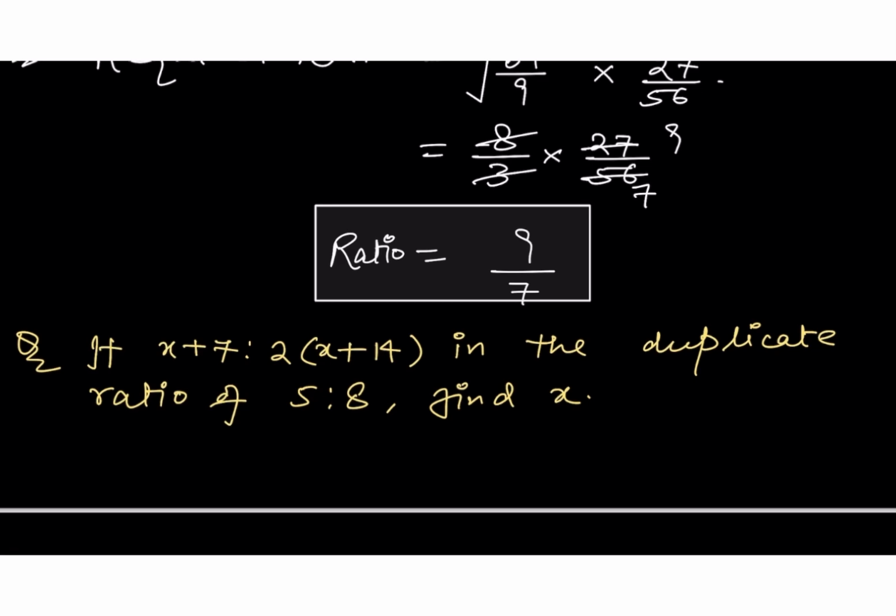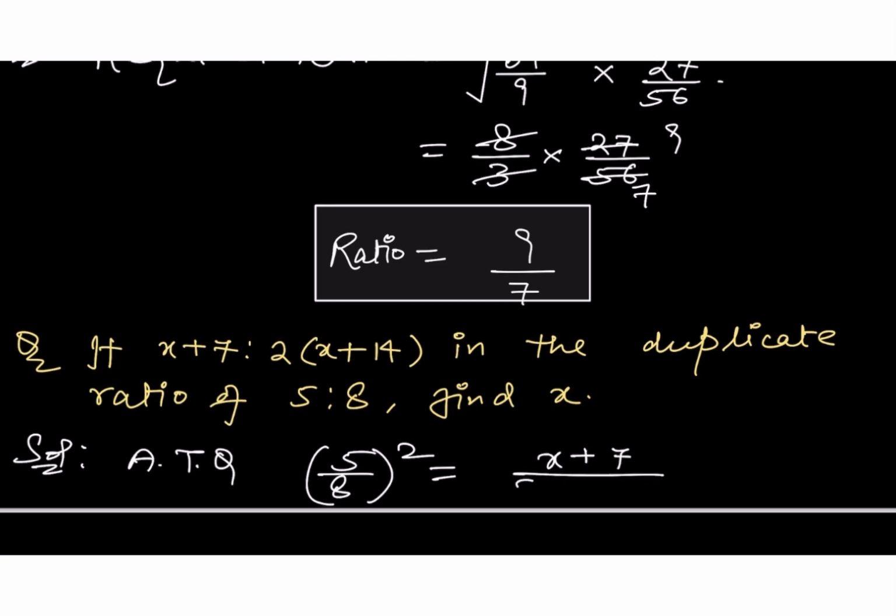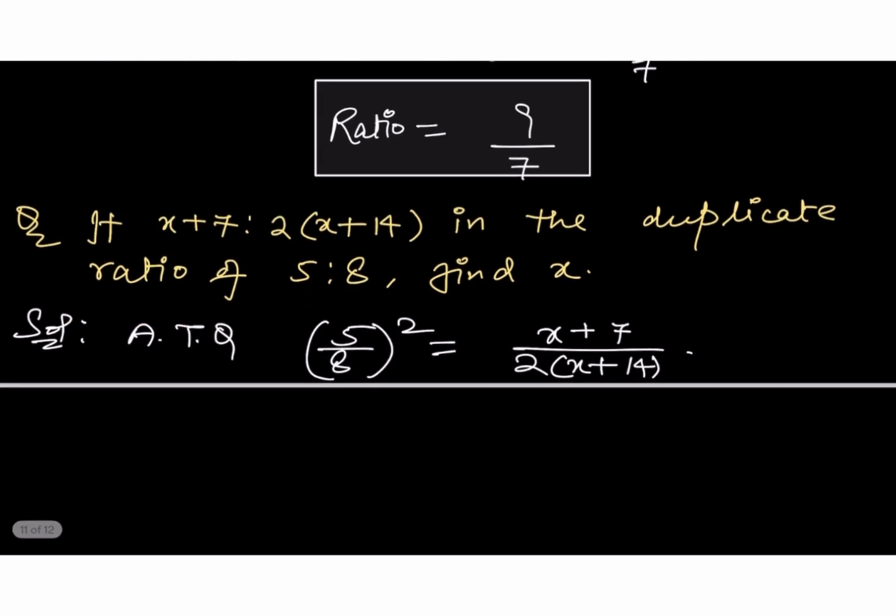What they are saying, that duplicate ratio of 5:8 means 5 by 8 whole square is equal to x plus 7 upon 2 into x plus 14, right? This is what they are saying in the question.